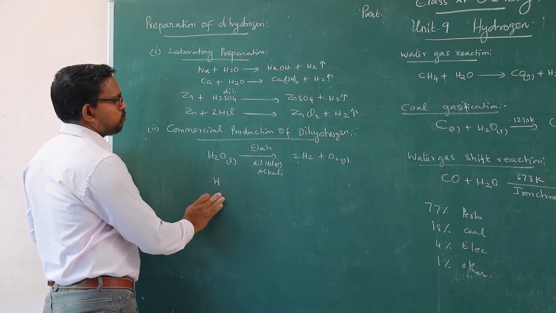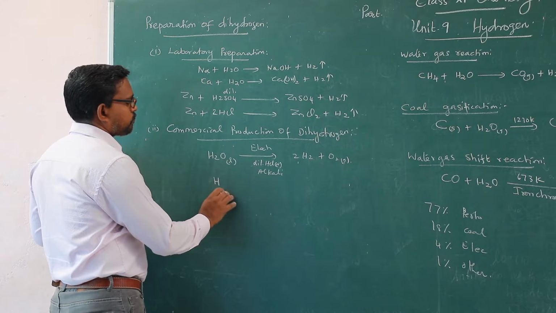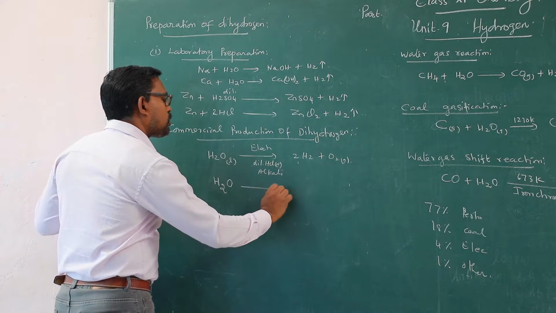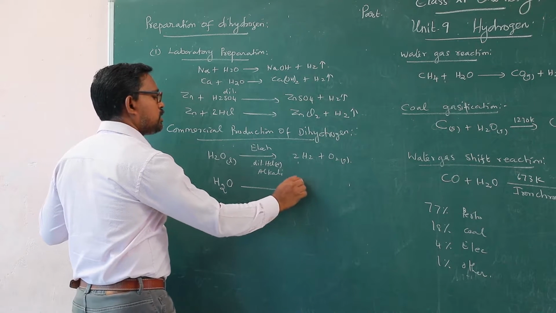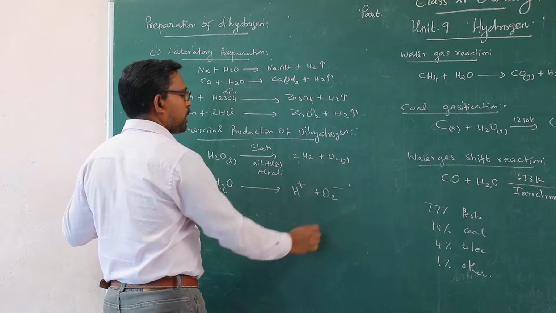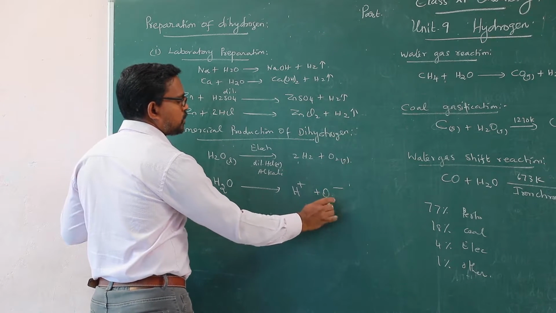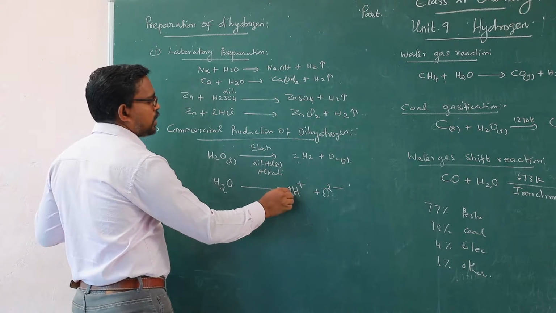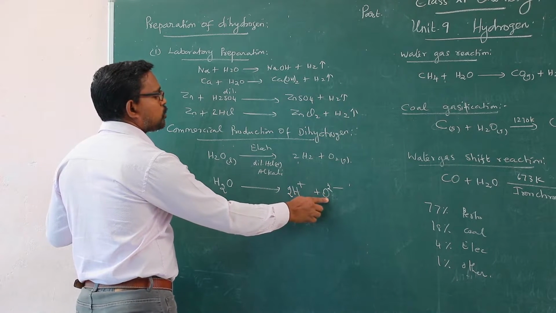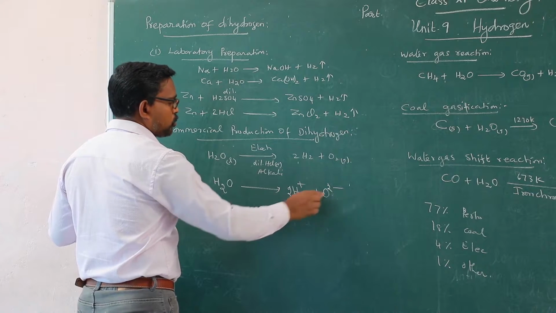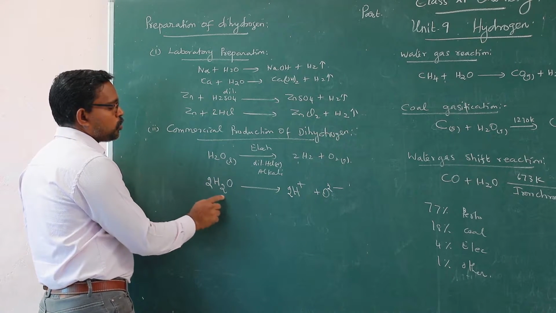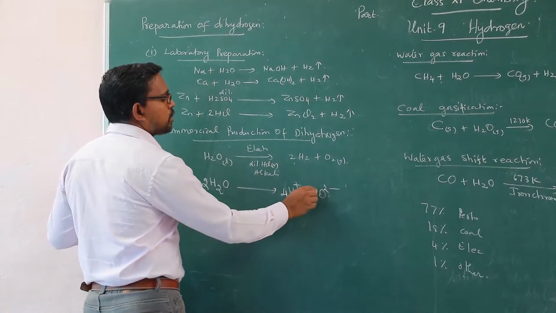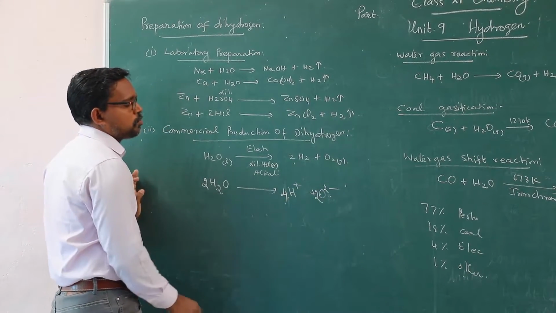In the electrolysis of water, it gives H plus and O2 minus. If we take 2 molecules of water, it gives 4 molecules of H plus and 2 molecules of O2 minus.